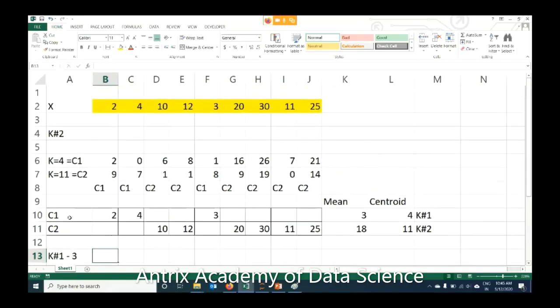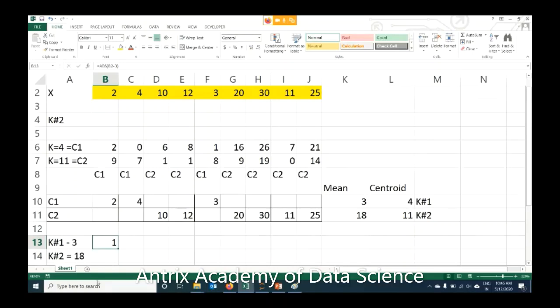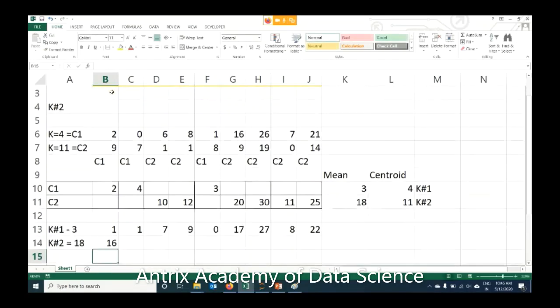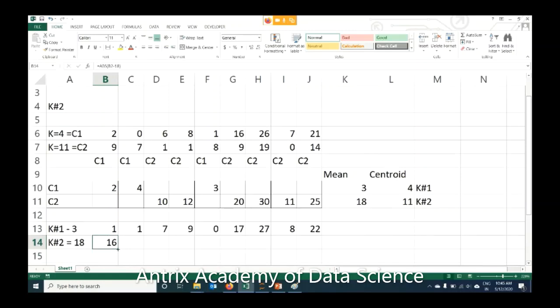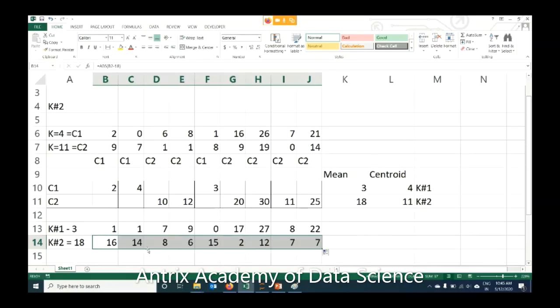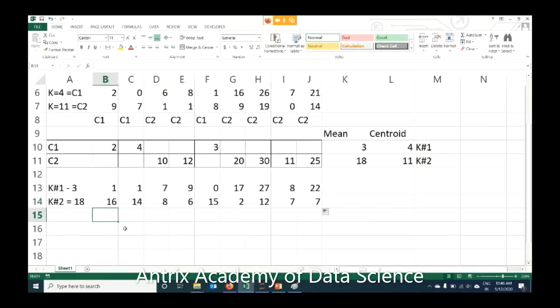So now we have to get the absolute value, ABS, then minus my new centroid, which is 3. So I drag it. And subsequently I have to do this for K2, 18. Again the same.